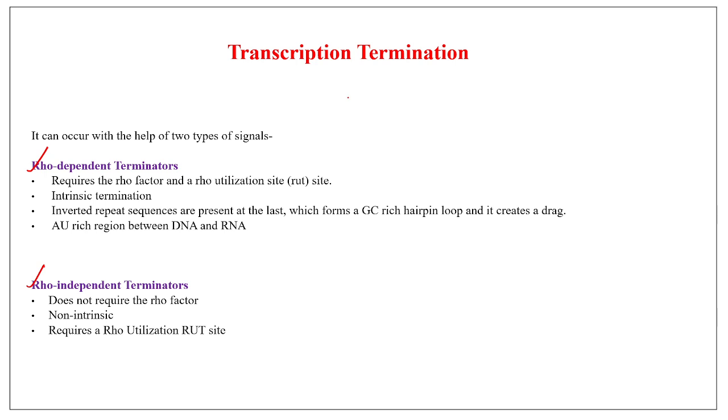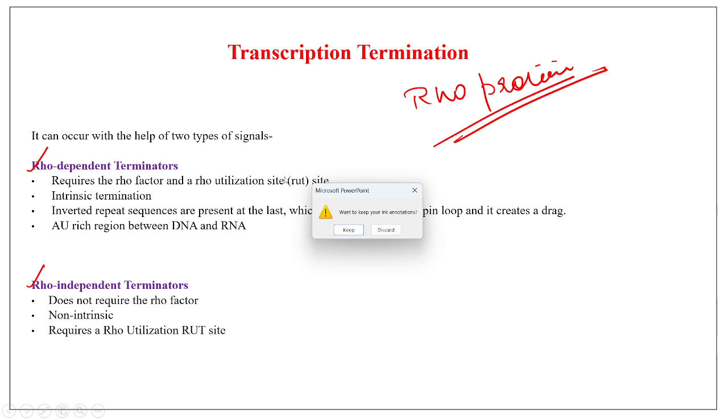Rho dependent means which requires the protein rho, and rho independent means which does not require the rho protein. So when rho protein is used for the termination of transcription, that is known as rho dependent termination. When rho protein is not used, then it is known as rho independent termination.